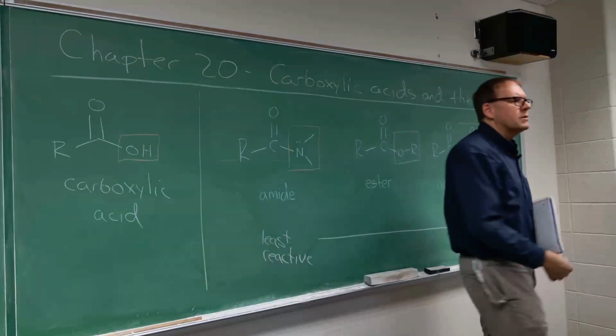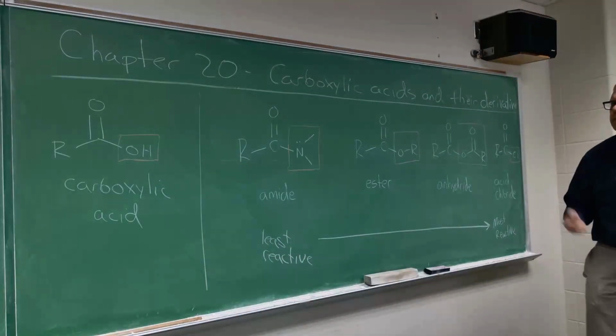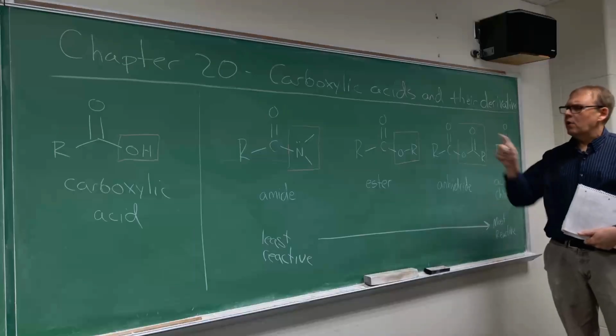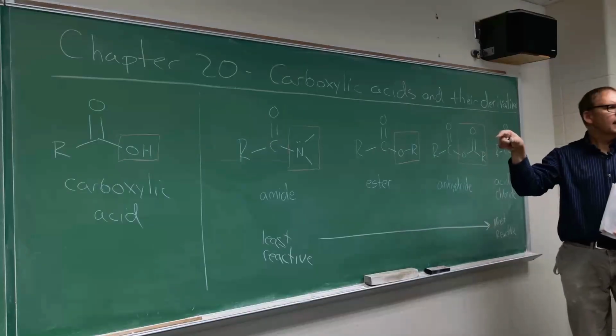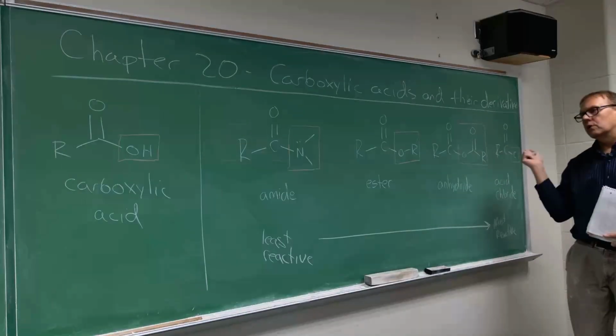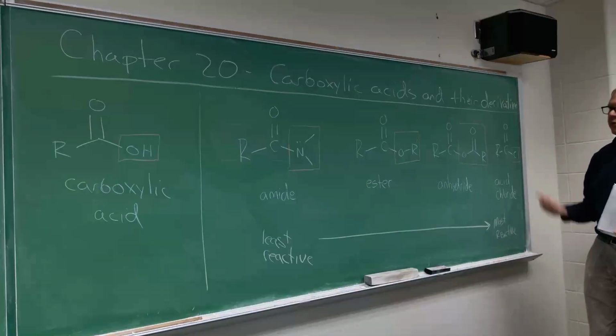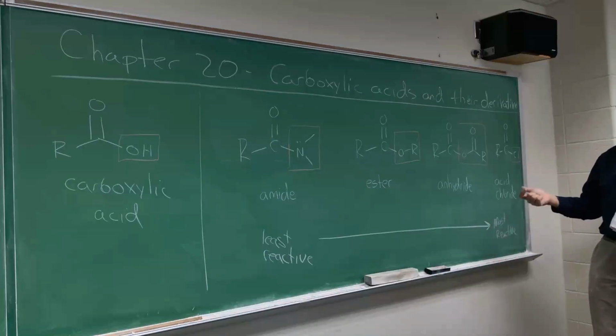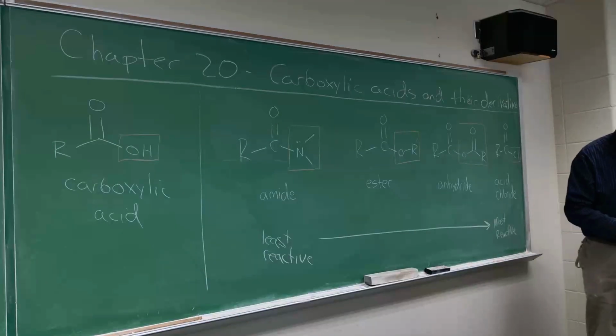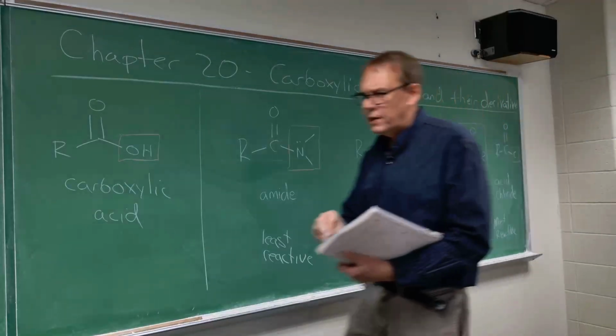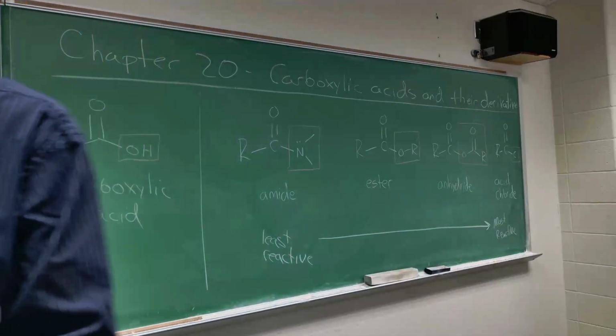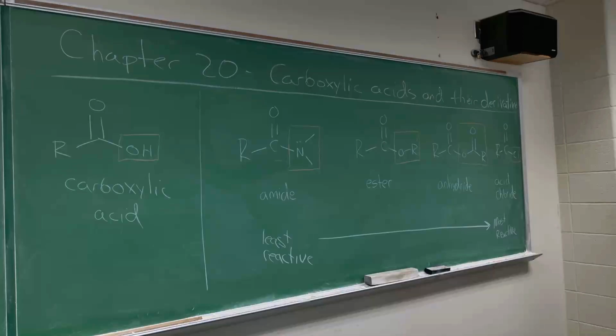So their chemistry is a little bit more complicated, but consider them to be kind of like the parent. All of these derivatives are related to carboxylic acid, and carboxylic acid is related to all of them. So those are the basic functional groups that we're going to talk about in this chapter. And we're going to discuss some of their reactivities, how to make them, and how they react.